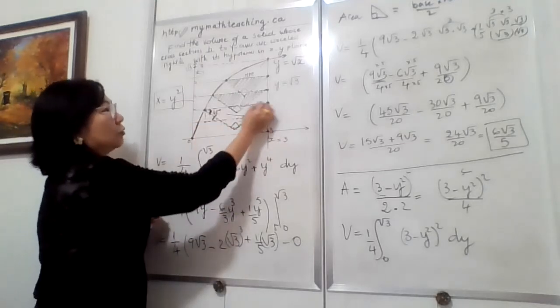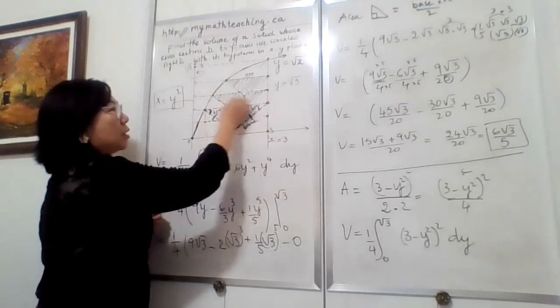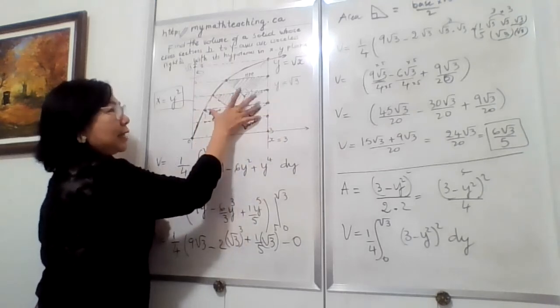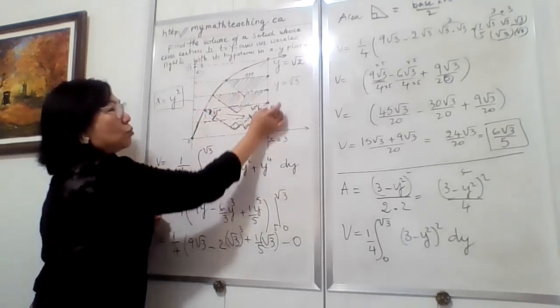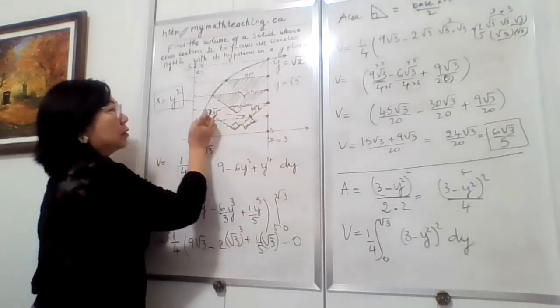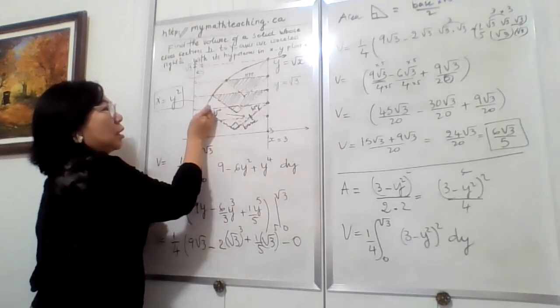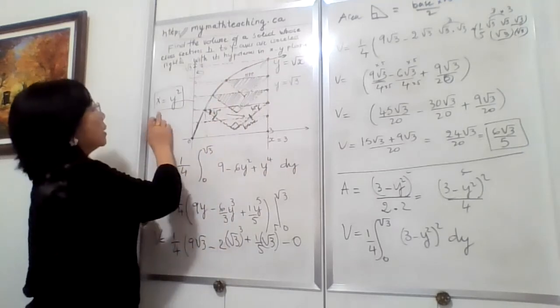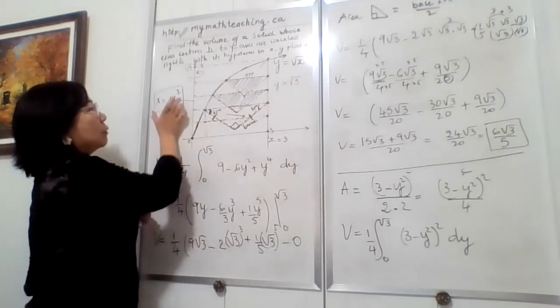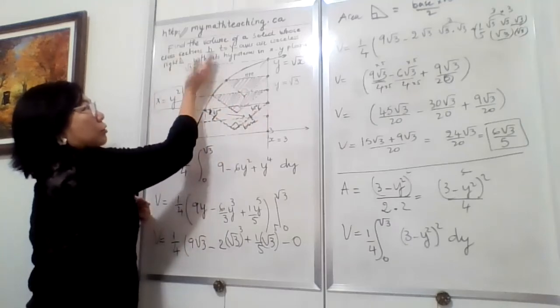We know that to find the hypotenuse, we subtract this coordinate from this coordinate to get the length from here to here. And this coordinate in terms of function is x equals 3. This coordinate in terms of function is x equals y squared, because we have to reverse the function if we want to generate along the y-axis.